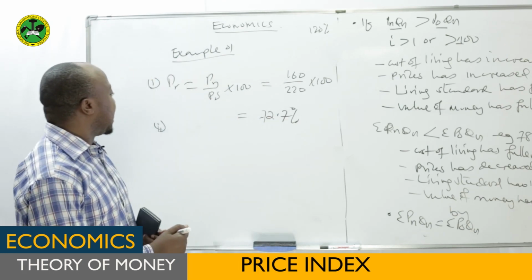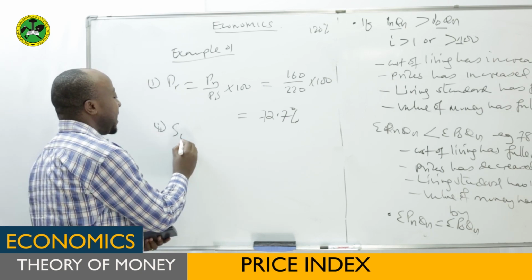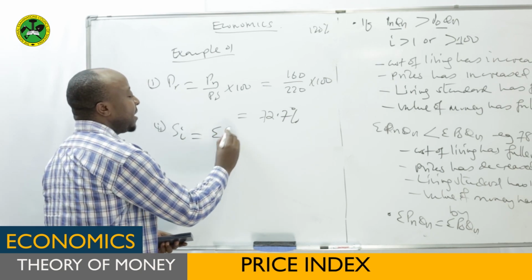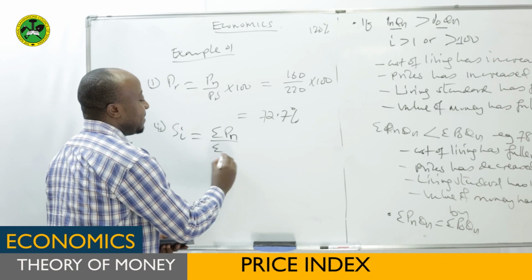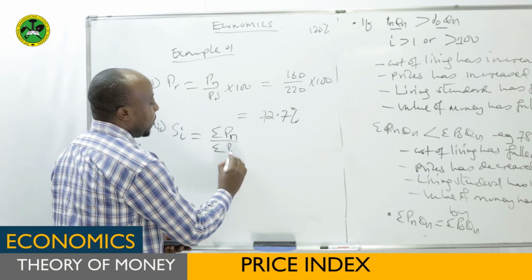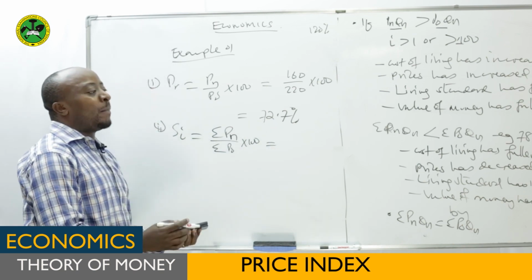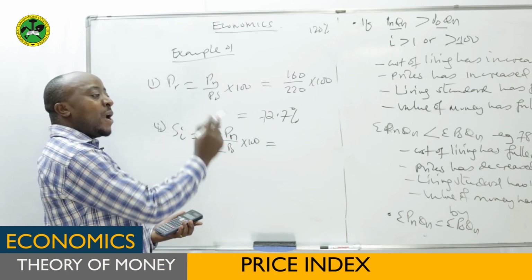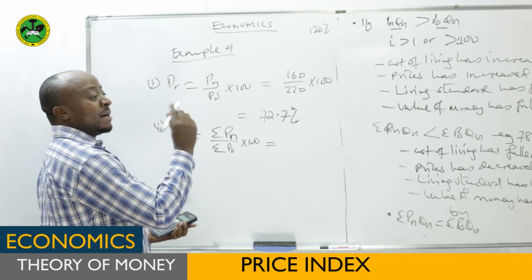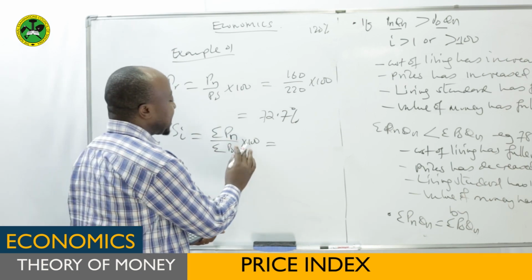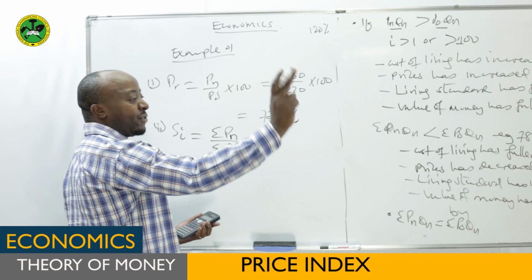So the simple index equals summation of Pn over summation of Po times 100. We add all the prices in the current year, we add all prices in the base year, then multiply by 100. In the numerator, because it's the current year, you can observe those prices there.